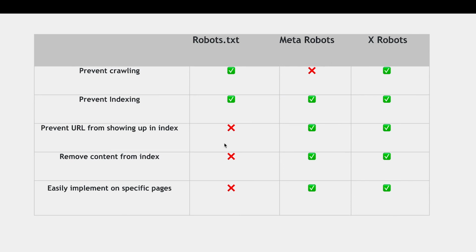Because what to take into consideration when to use each robot, again, it can be a bit confusing. So when it comes to meta robots and X-Robots, we mainly want to block from indexing pages which are linked internally.